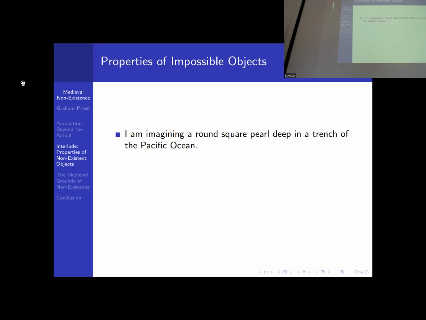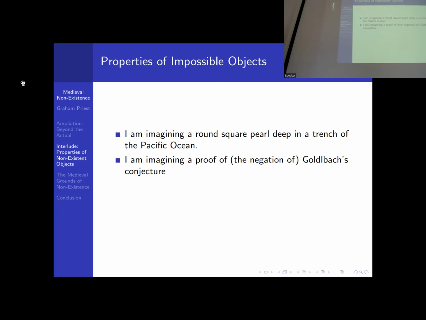Imagination is not restricted to visual or even sensory imagination. I mean, we use imagination all the time in mathematics, and the things we're imagining are not sensory objects. I imagine a proof of Goldbach's conjecture. Okay, so we don't know whether Goldbach's conjecture is true or false. One of them's got to be false.